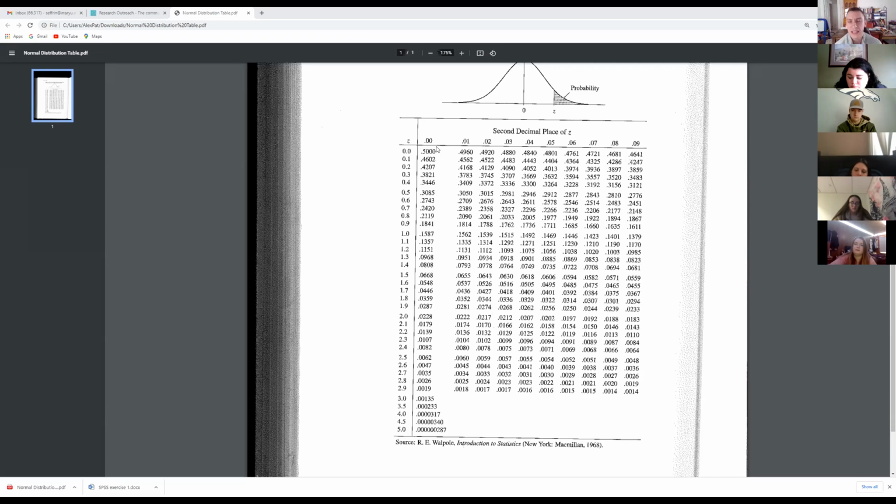The other thing to think about with z-scores is that, because they're standardized, the standard deviation is always 1. If you have a z-score of positive 1, you know automatically that score is above average. If you have a z-score of -1, that indicates a score that's below average.